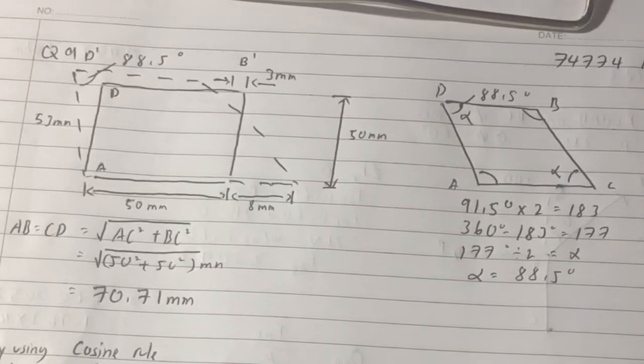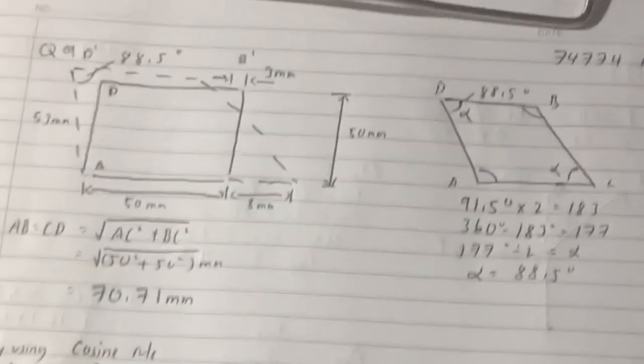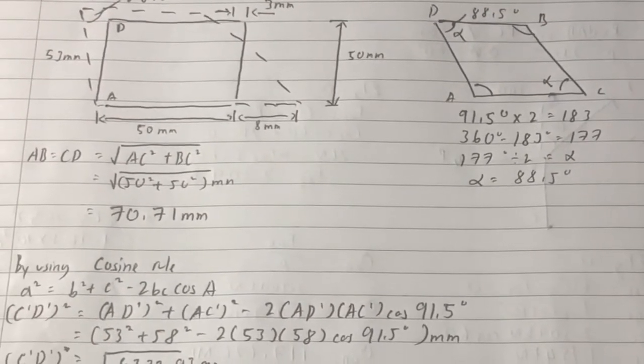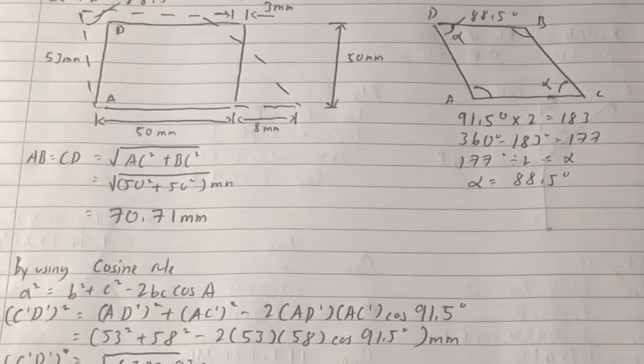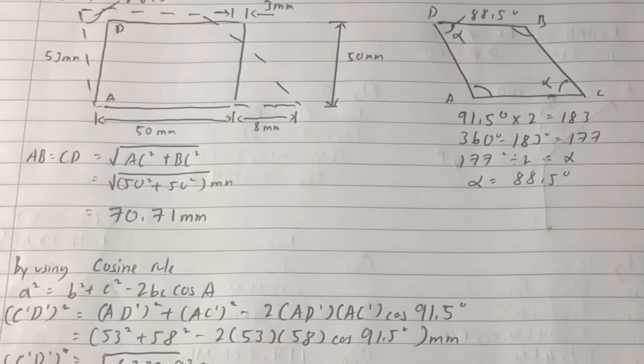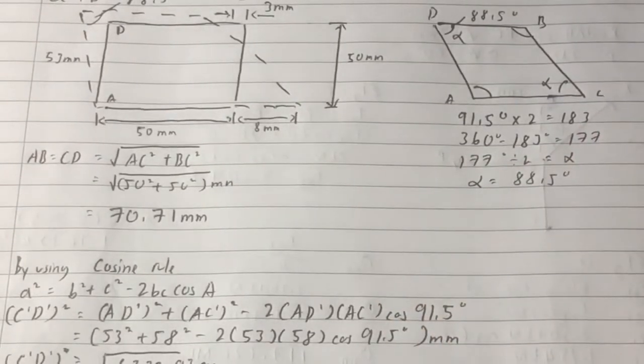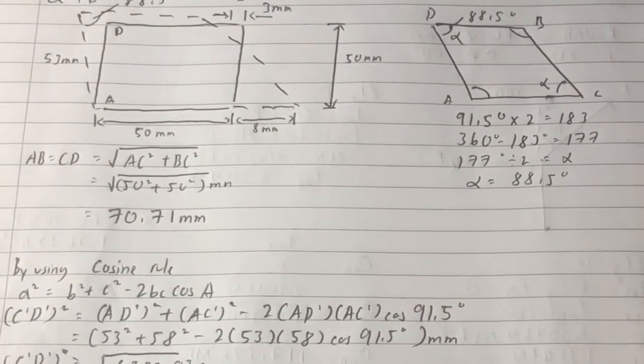So by using the cosine rule, which is a squared equal to b squared plus c squared minus 2bc cos A, I hope you still remember this equation, because we have learned it since secondary school.